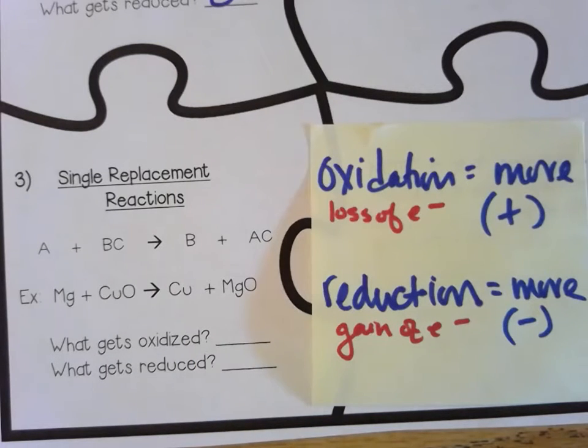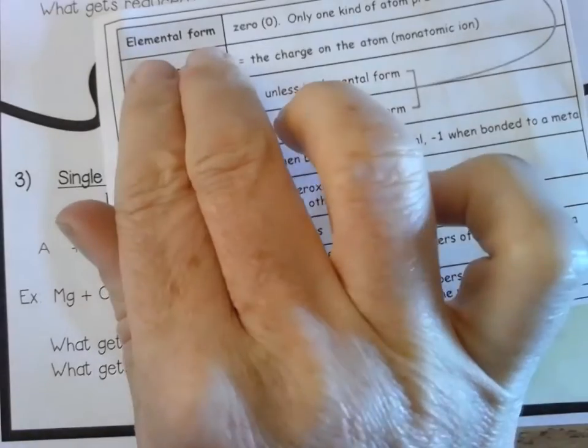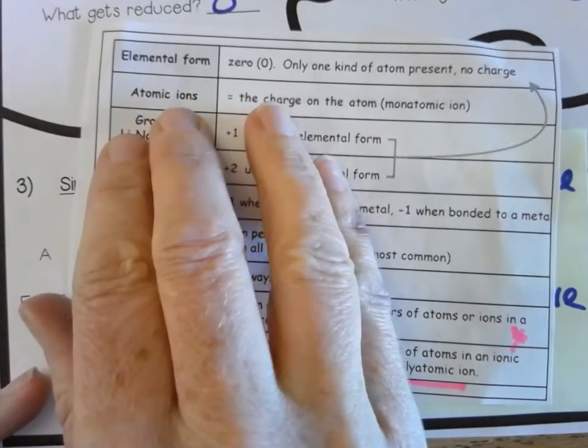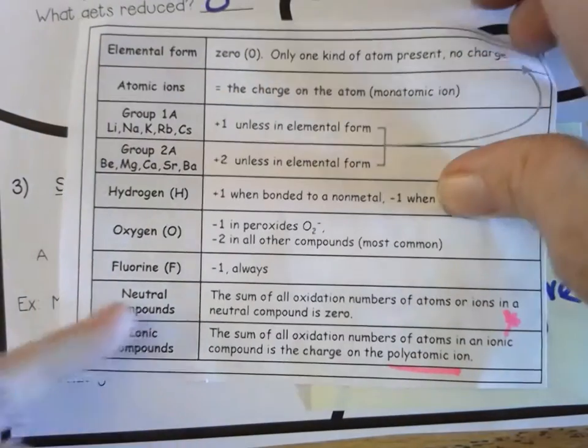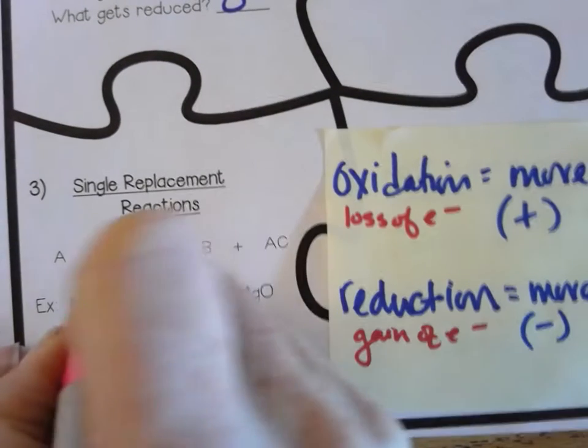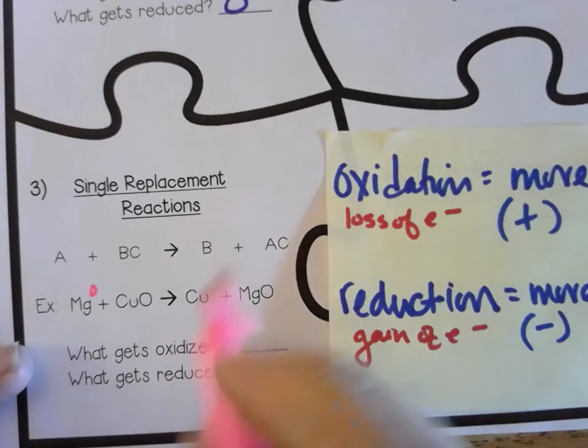Mg, you can't see it, is in its elemental form. Therefore, it has a 0 for an oxidation number. Copper is also in its elemental form, so I'm going to put a 0 there.